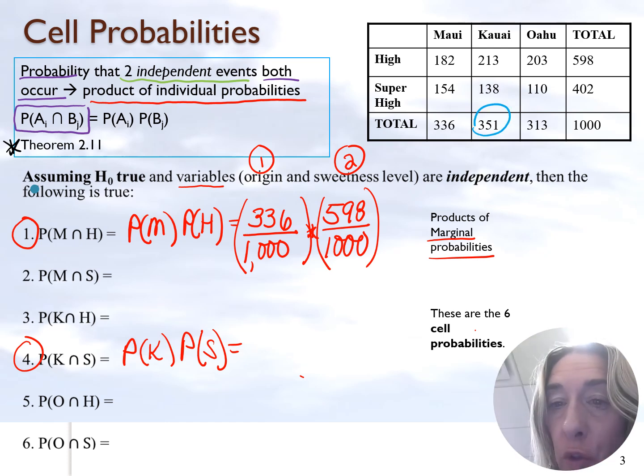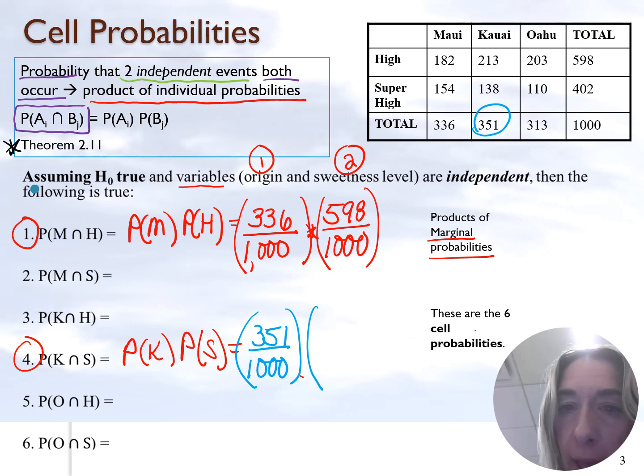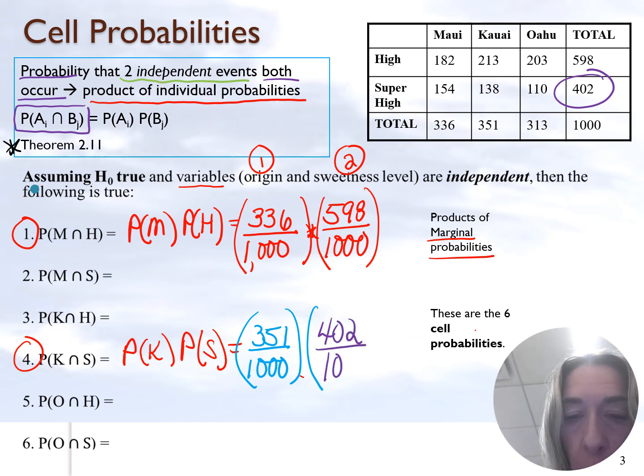Going to use its marginal total of 351 over 1,000 total observations. What's the probability of having a super high sweetness level? 402, or its marginal total, over 1,000 total observations. So then this probability is the product of 351 over 1,000 times 402 over 1,000.